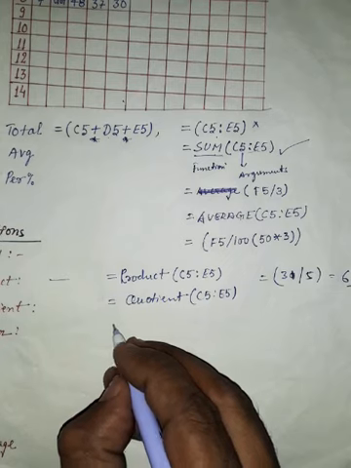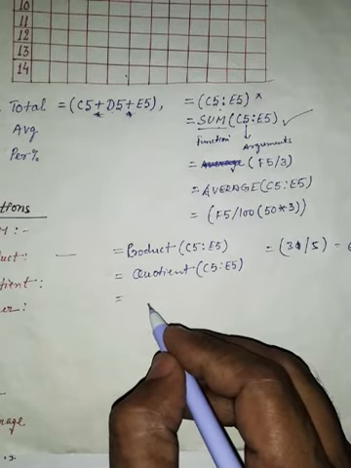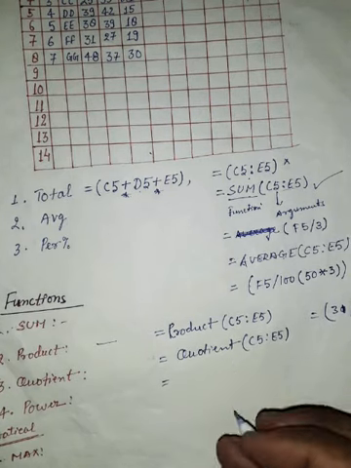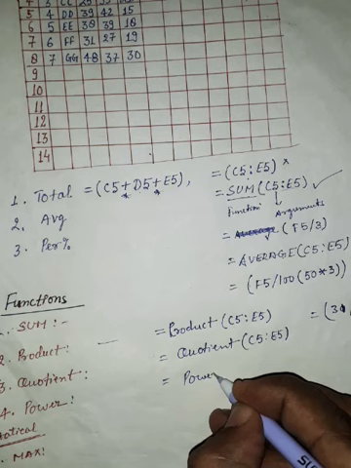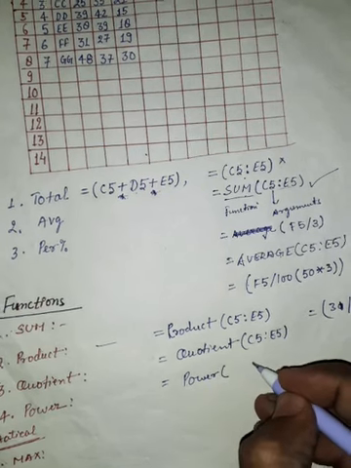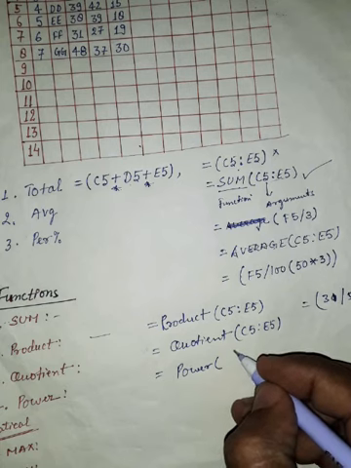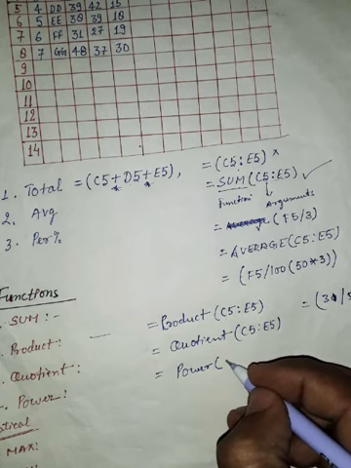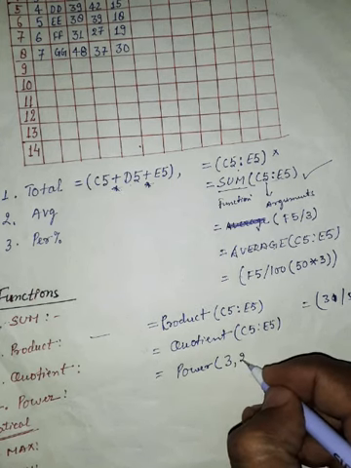And power as a function name, in the power, okay, we will write here the equal sign, power, and open the parenthesis. We will write any number, like here we can write 3, and comma, then we write the power.